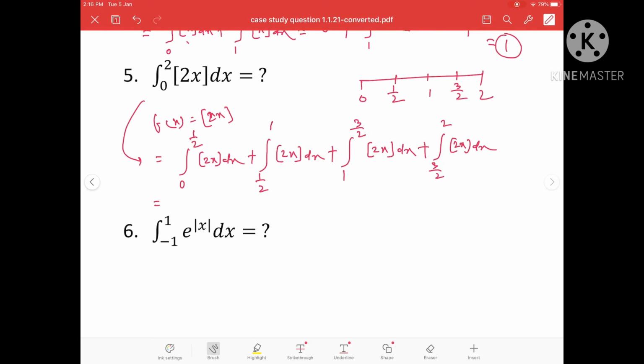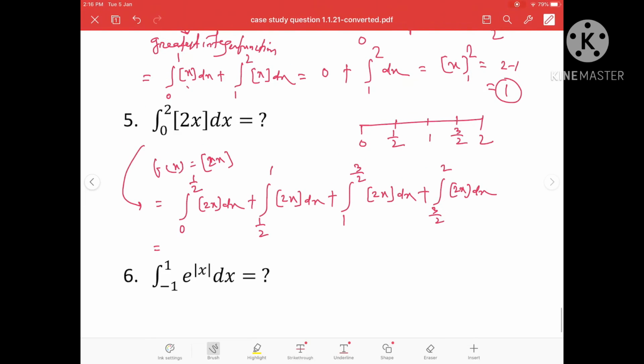For 0 to half, the bracket of 2x will give you a number between 0 and 1. If you put x equal to half here, then it will be 1. So between 0 and 1, the greatest integral value is always 0. That means this integration will be equal to 0.